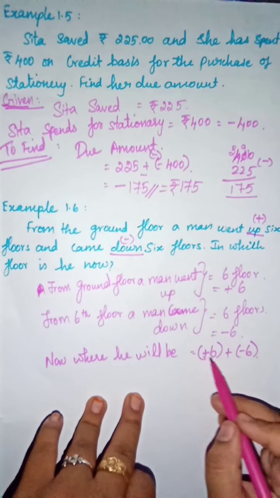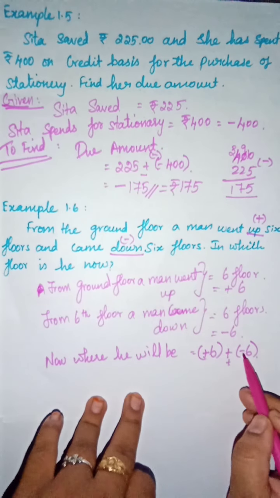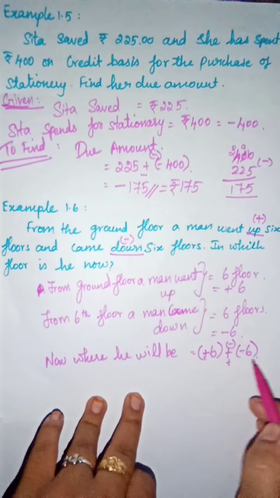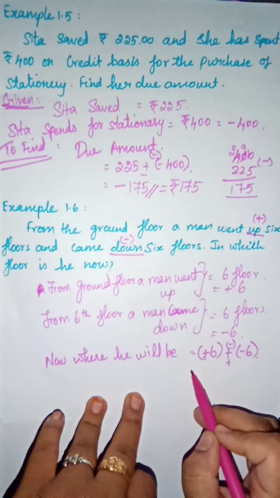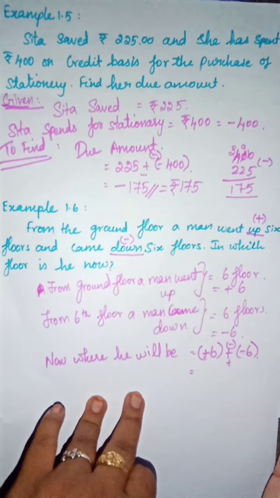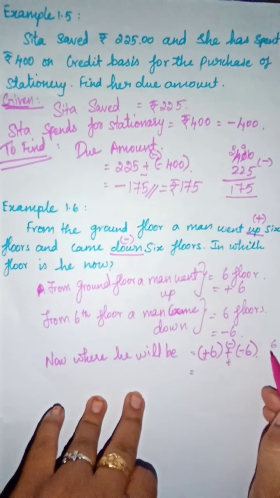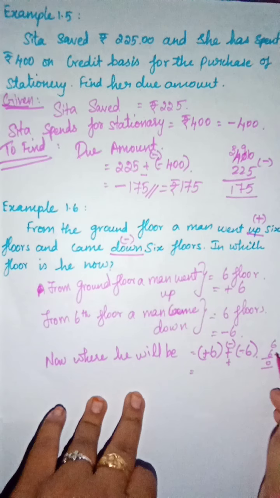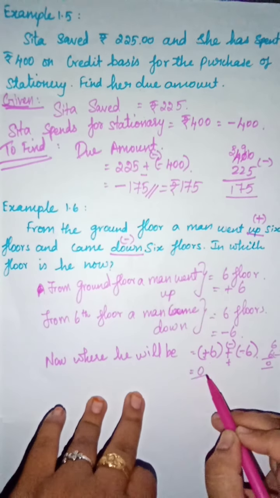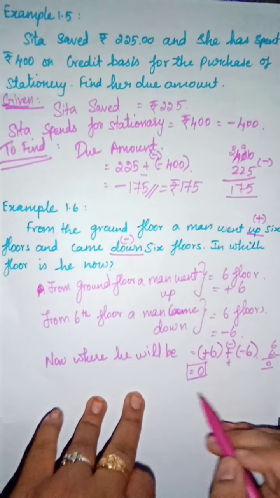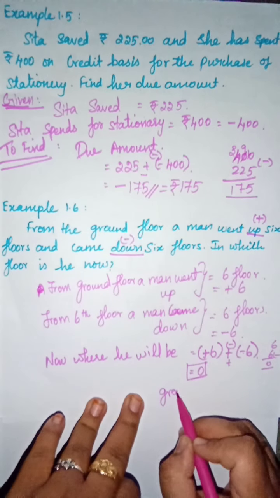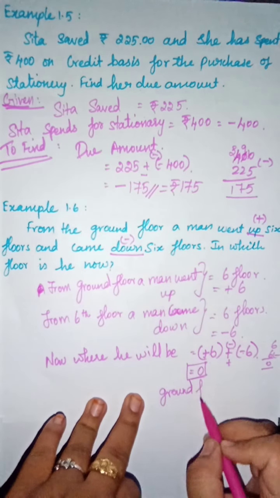As usual plus into plus is plus, plus into minus is minus. We have to subtract. Both the numbers are same, so you need not give the symbol here. Then you have to subtract 6 minus 6, what is it? It is 0. So you will be in 0, which will be taken as ground floor. So that man should be in the ground floor again.